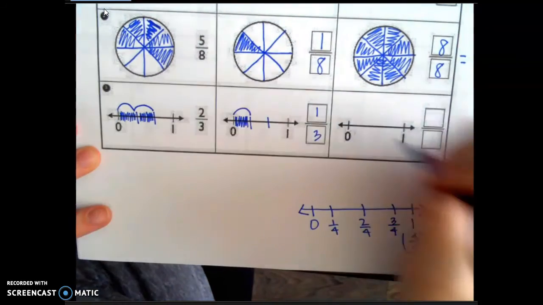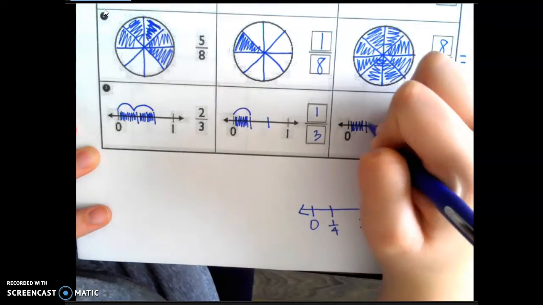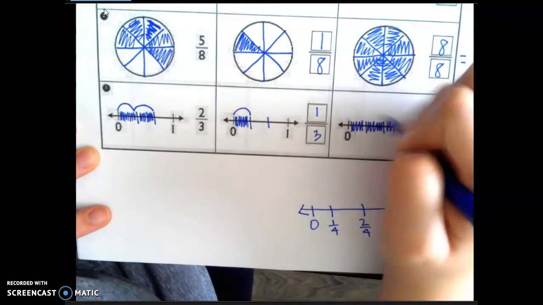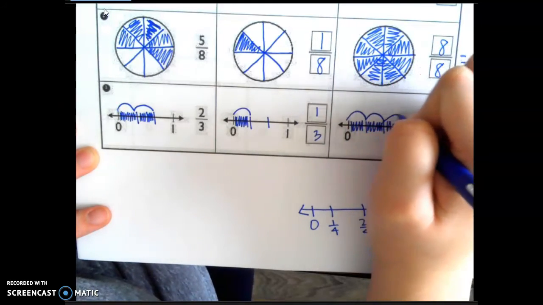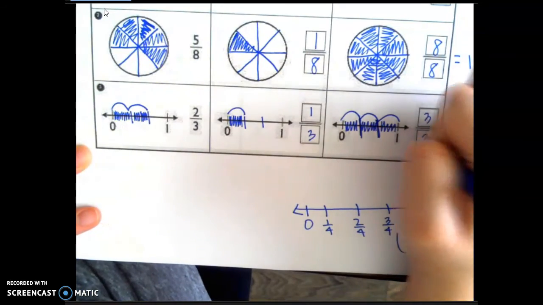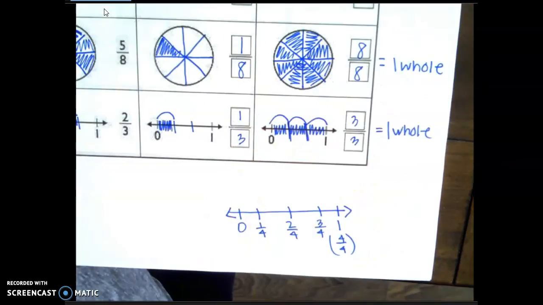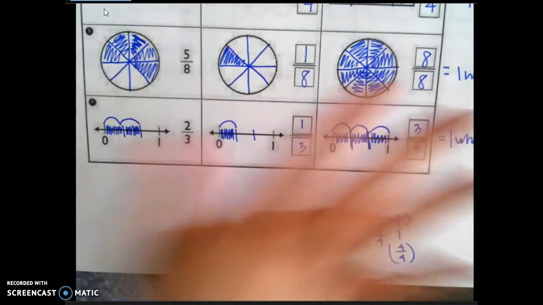That would have been fine too. And there is 3/3 or 1 whole. Sorry, you can't see that. 3/3 or 1 whole being shaded. Okay, so it's your turn to do this on the next slide.